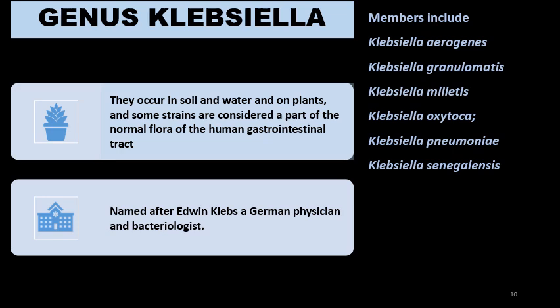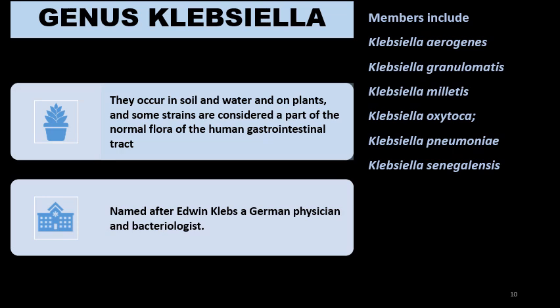Generally, these organisms can be found in the soil and water and on some plants, and some of the strains are also considered part of the normal flora of the human gastrointestinal tract, where they also play a role in the microbiome of the human gut.